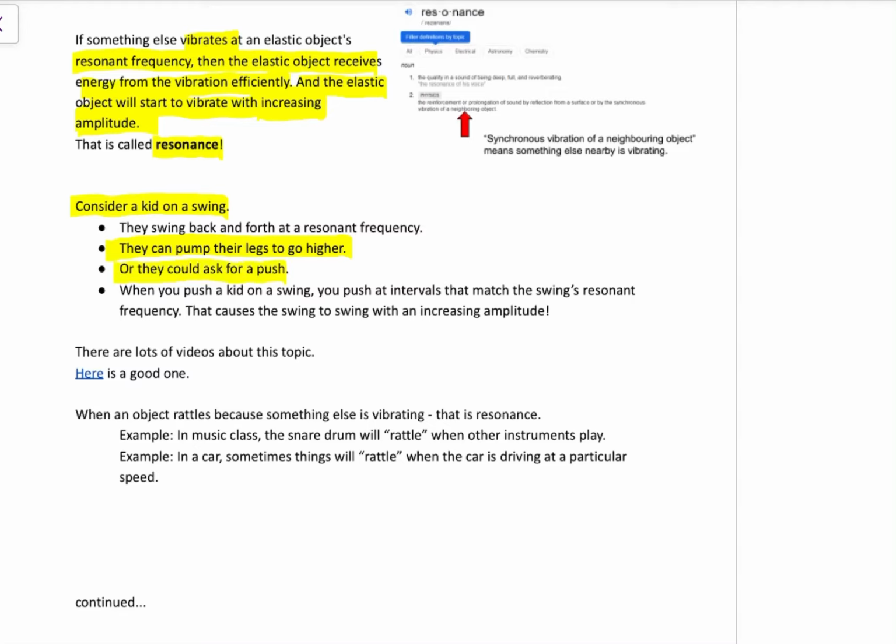If you're the pusher, you're not going to push just at any old time. You're going to push every time the kid gets back to you. Basically, you're adding energy, or you're pushing at the resonant frequency of the swing. And by pushing at intervals, by delivering energy at the same frequency as the natural frequency of the kid on the swing, then the kid on the swing is going to swing with increasing amplitudes.